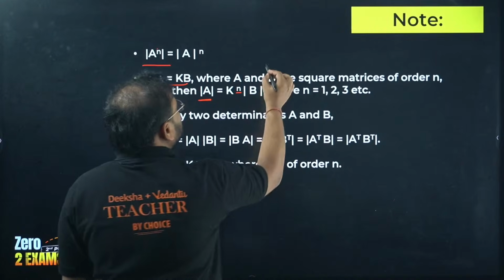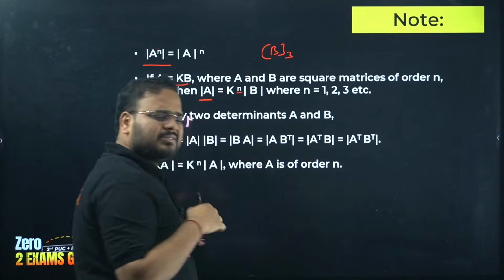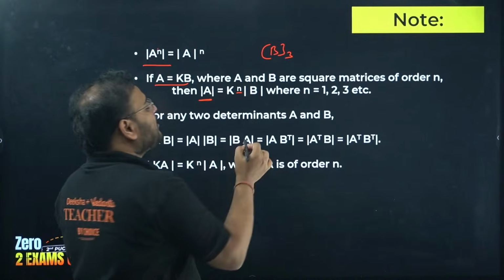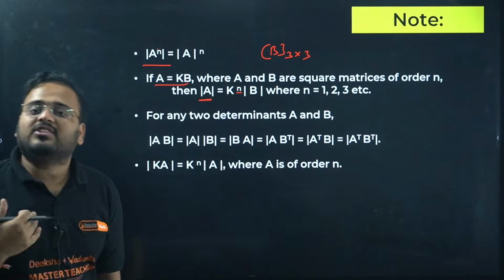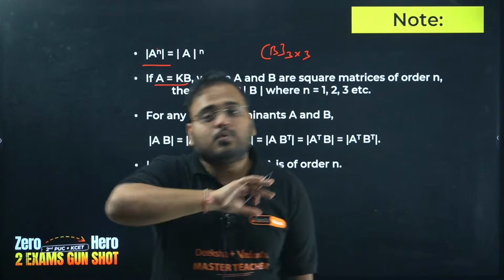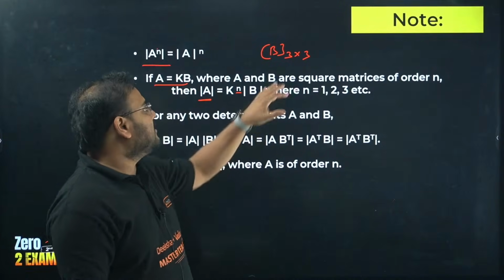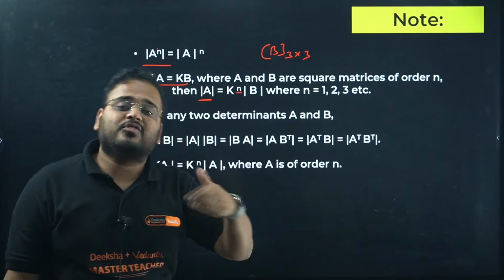What it means is, let's say B's order is 3. What is the meaning of 3, sir? 3 means 3 cross 3. It's a square matrix. Determinant only associates with square matrices. So if somebody is confused, sir, why only 3 are you writing? Because when we are in the world of determinants, there is no rectangular matrix left now, only square matrices. For that reason, when I write B with only 3, not 3 cross 3, it means 3 cross 3 always.